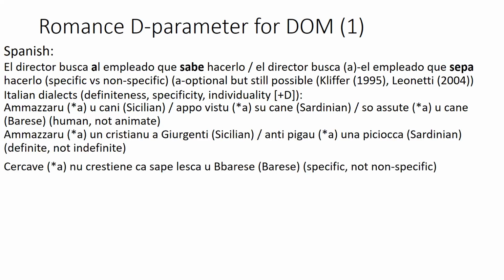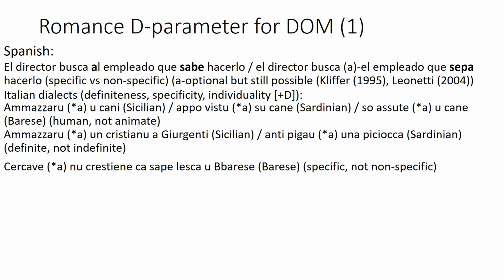And secondly, specificity and definiteness seem to play a bigger role, because if the object is indefinite, so for example, ammazzato un cristiano, or antipiga una piccioca. Okay, so they killed a kid, or they have snatched a girl. You tend not to use a either.